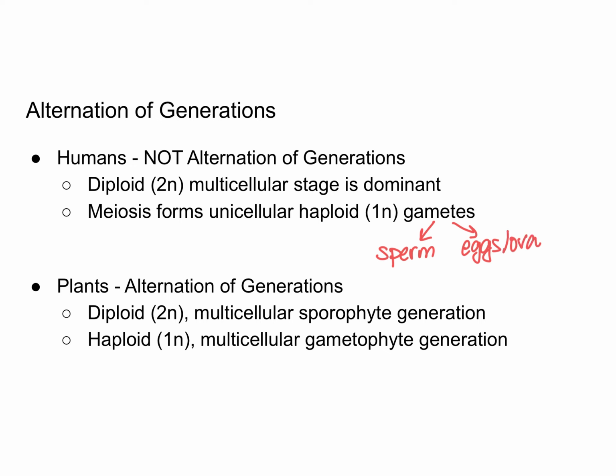Now in plants, they do have this alternation of generations. And so they have a part of their life cycle where they are diploid and multicellular, and a part of their life cycle where they are haploid but still multicellular. So this is really the key difference, this haploid multicellular stage in plants that we don't have in humans. In humans, the haploid cells are unicellular and they're not their own organism, they're just the reproductive cells.